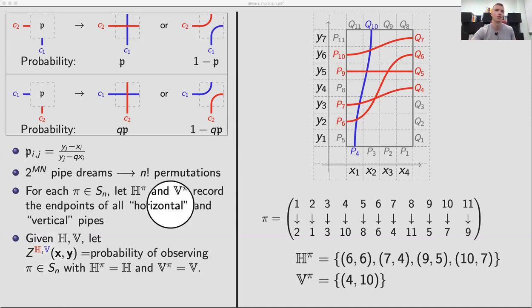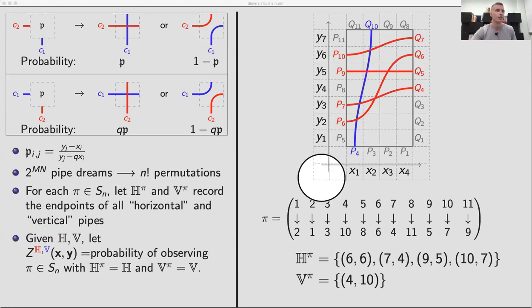So Z_HV is the probability that a pipe dream is going to have these red endpoints of horizontal pipes, and then these endpoints of the vertical pipes. So for example, what are X and Y? X and Y are just a bunch of variables. They parameterize the spectral parameter of every square, which affects these probabilities.